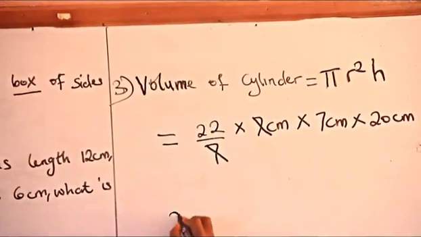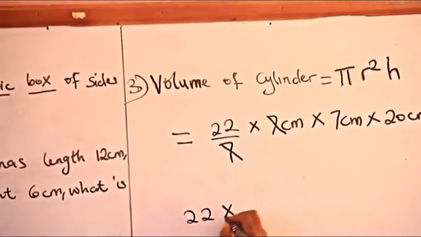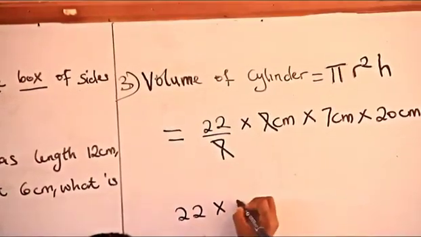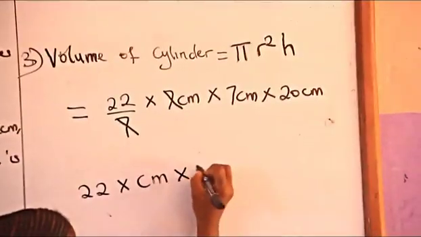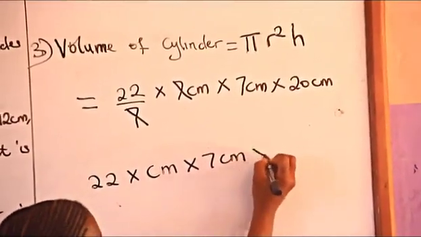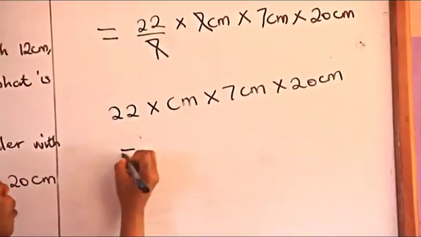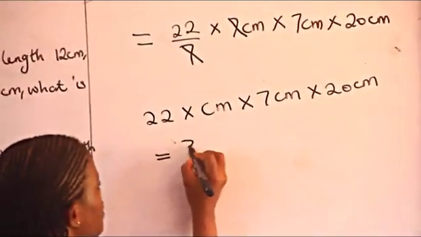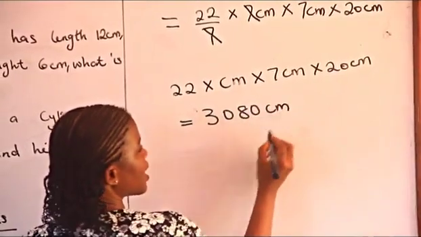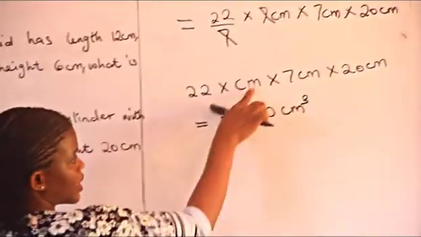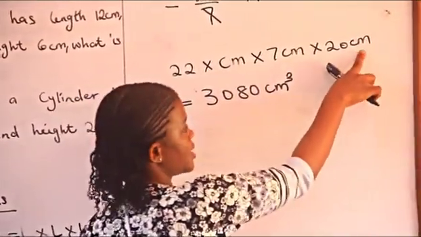Here we would have 22 multiplied by 7 centimeter, multiplied by 20 centimeter, which will give us 3080 centimeter cube. Centimeter multiplied by centimeter multiplied by centimeter.